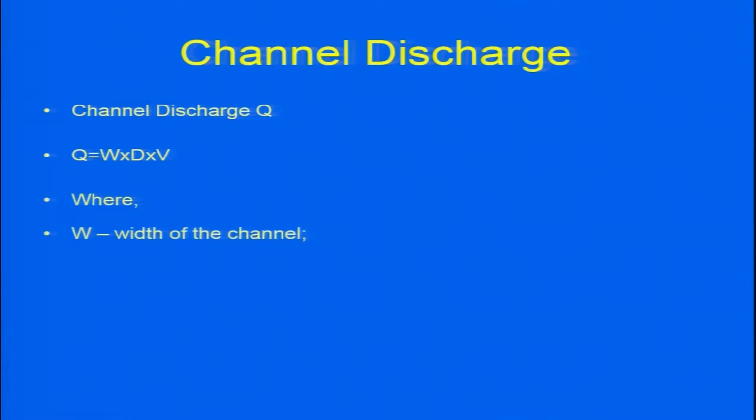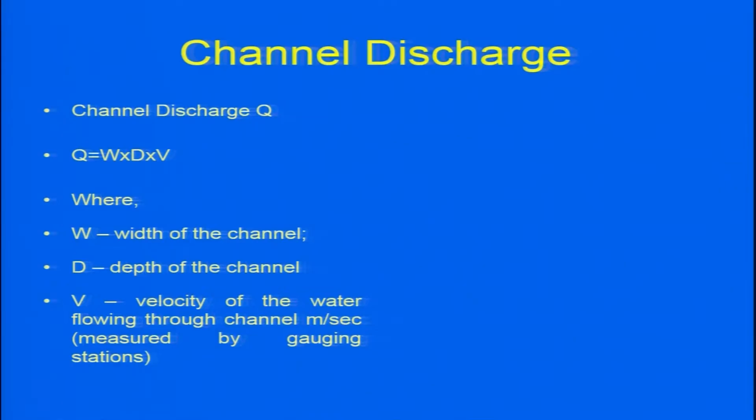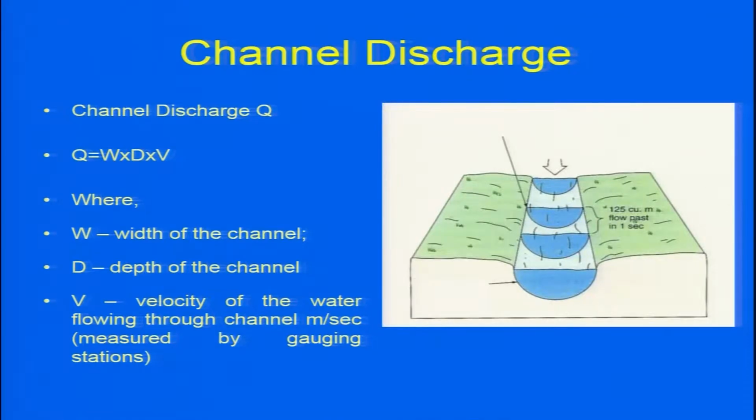As I told you, peak discharge of any channel is important. This is a very simple exercise one can do to identify the cross-sectional area. If the channel cross section is around 25 square meters and the stream velocity is 5 meters per second, then you can have the discharge at that given point of around 125 cubic meters per second.